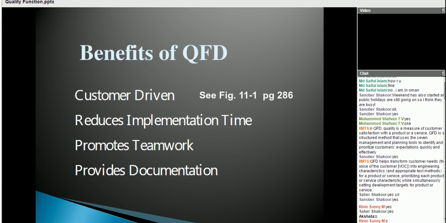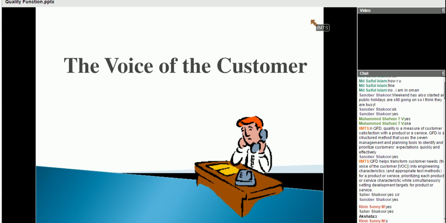Number three, promotes teamwork, and last one, provides documentation, like the chart which I discussed with you, right? Everything is noted down in the form of a matrix or chart, so that it is easy to study and research. That is why we need these charts, right?